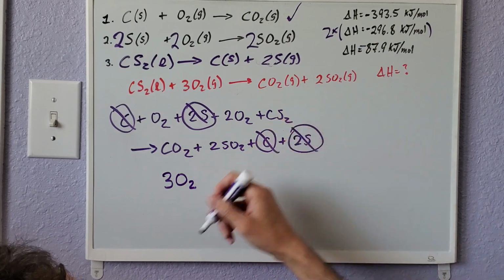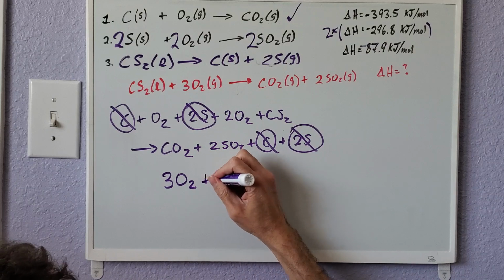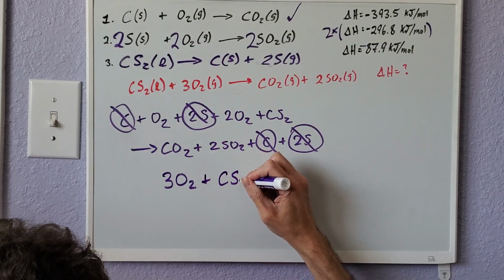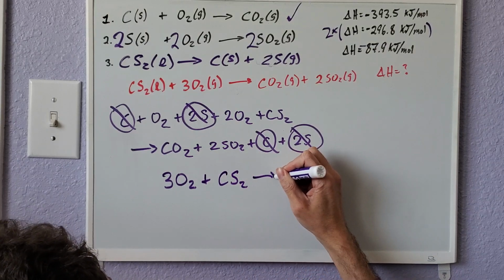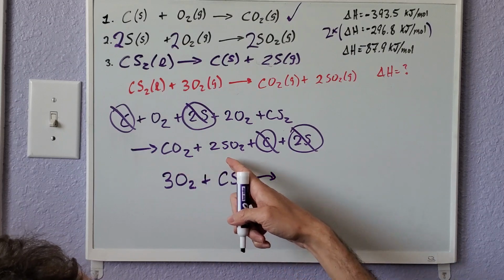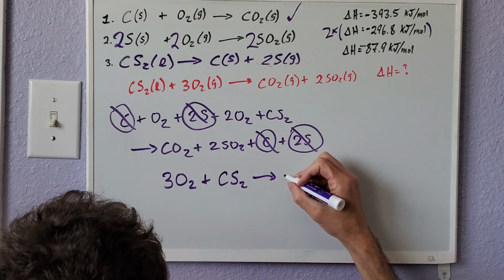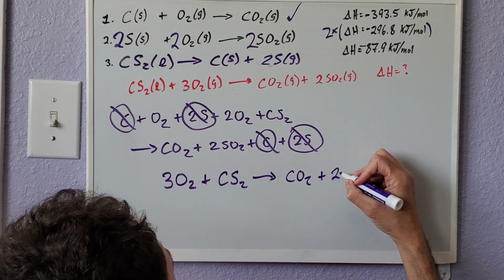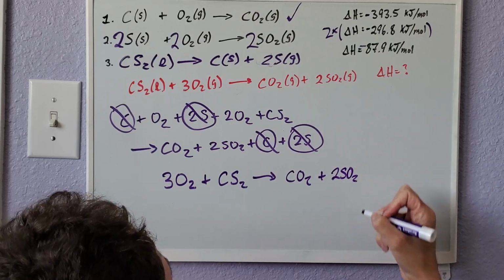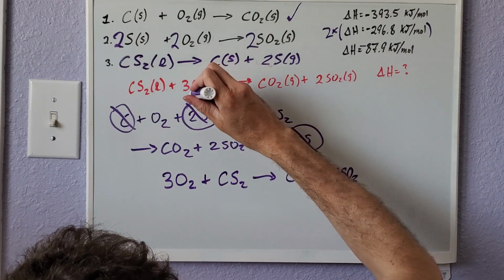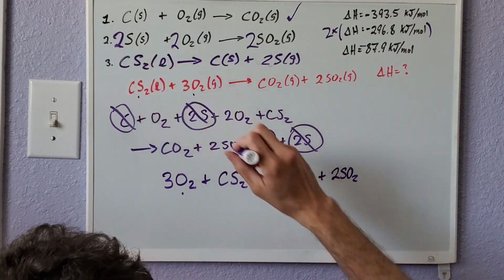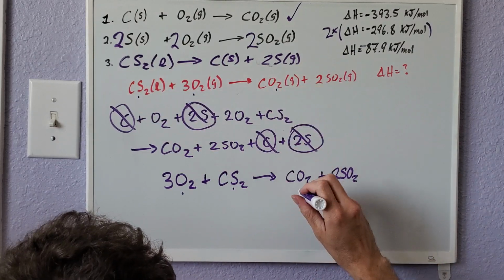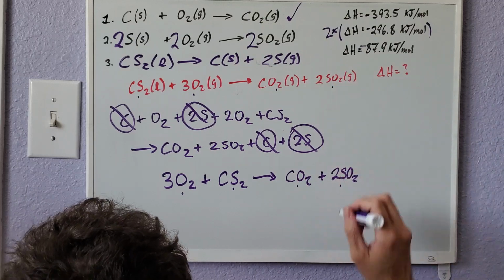Our CS2 is still sitting there. On the product side, we have a CO2 and 2 SO2s. So if we compare these two: 3 O2s, 3 O2s, CS2, CS2, CO2, CO2, 2 SO2s, 2 SO2s.